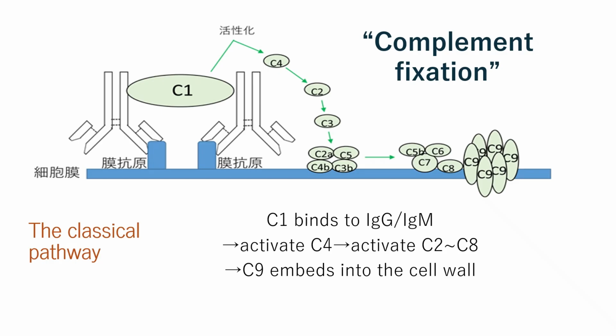As a result, a complex of complement component 9, C9, is ultimately inserted into the cell membrane, forming pores in the bacteria or cells. Complement fixation refers to the phenomenon in which complement binds to antigen-antibody complexes and is consumed in the process.